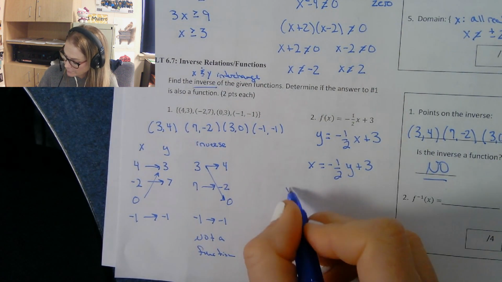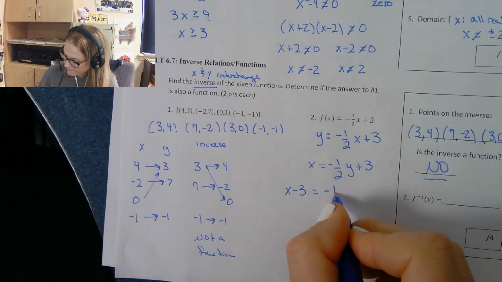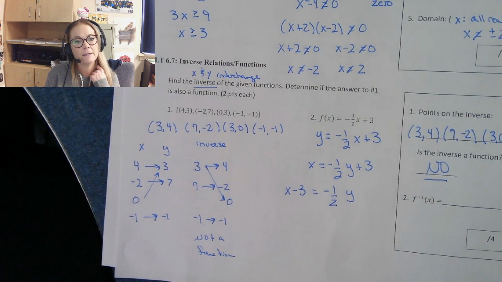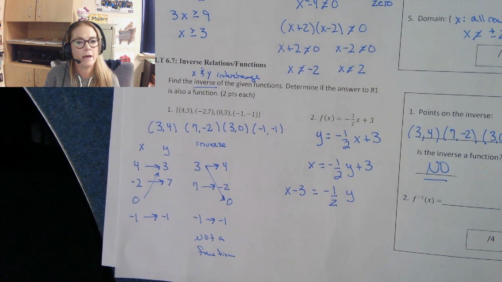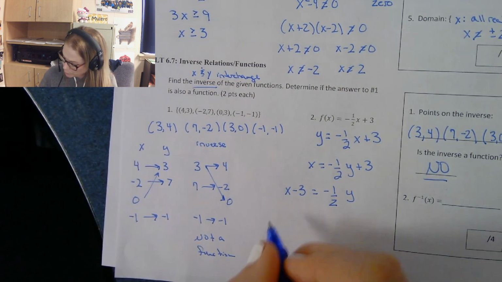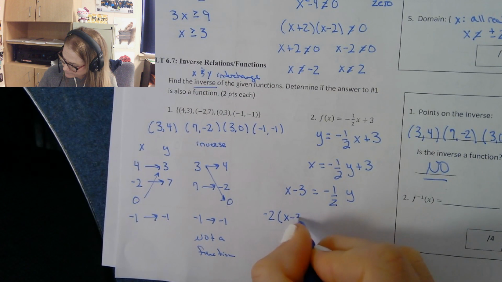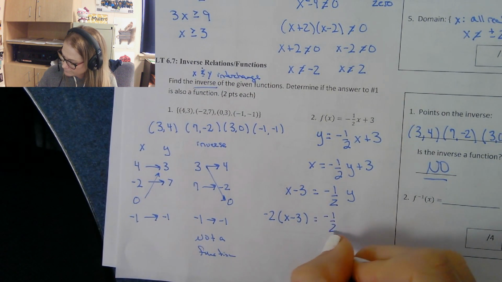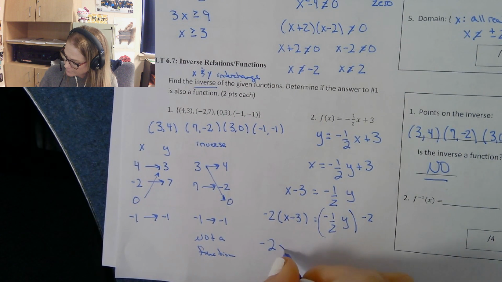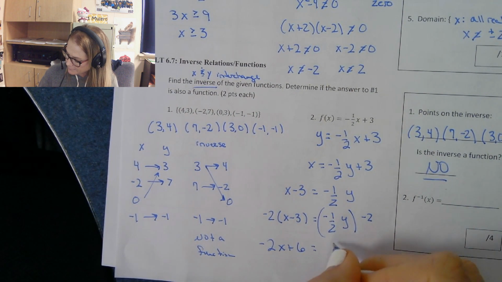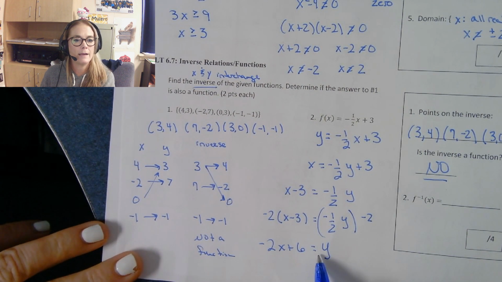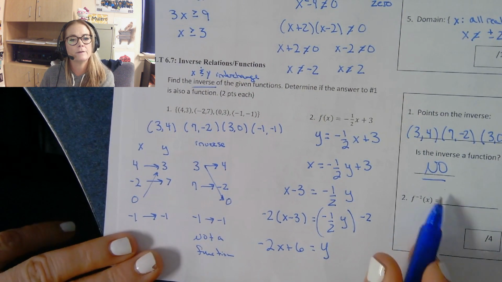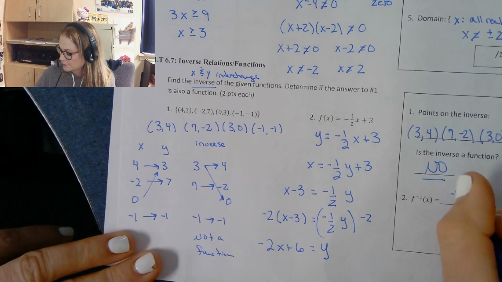So I'm going to send the 3 over for negative 3. So just minus 3, I just moved that 3 over to the other side. And now I'm going to multiply both sides by negative 2. So this is negative 2x plus 6. And negative 2 times negative 1/2 is positive y. So there's your inverse, and then we just replace this y with this f inverse symbol here. This is the new notation that you learned, and that's just negative 2x plus 6.